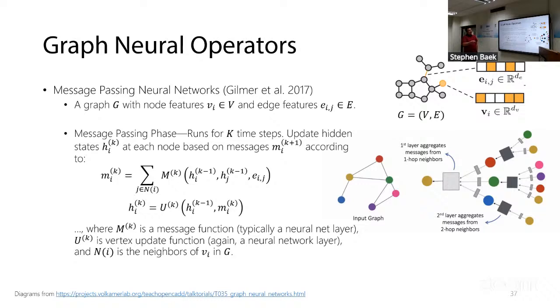But the idea of message passing is that, given a graph structure where each vertex has some feature vector describing that node, and each edge also has a feature vector describing that connection, we aggregate those edge features and vertex features using some sort of linear sum inside of a local neighborhood. N_i is the one-ring neighborhood of vertex i.